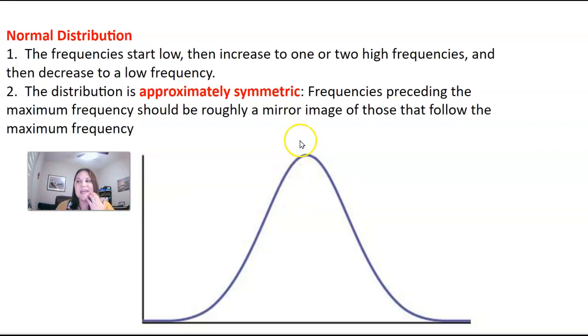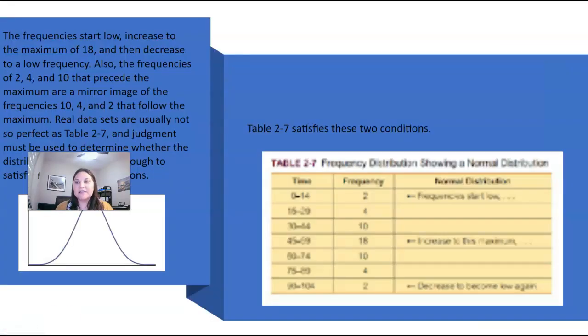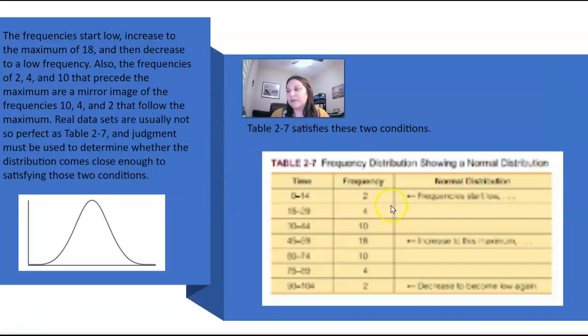And then the other thing is that it's roughly symmetric. There are a lot of ways to split numbers into intervals, and so a rough symmetry is what you want to describe. A normal bell curve is perfectly symmetric, but if we want to say that things are roughly normal, they would be roughly symmetric.